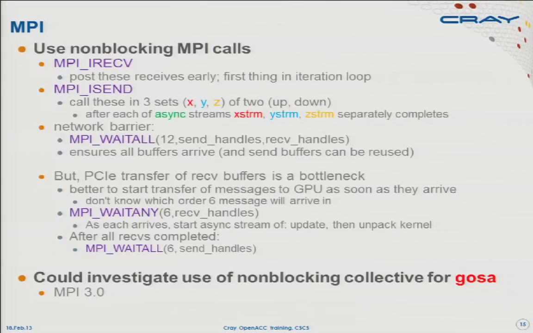So basically I have a do loop that runs from 1 to 6, and within that I'll have a wait any, which will wait for the next message to come in. Depending on what the label is for that message, if the label is 1, then it's the receive buffer in the X up direction.